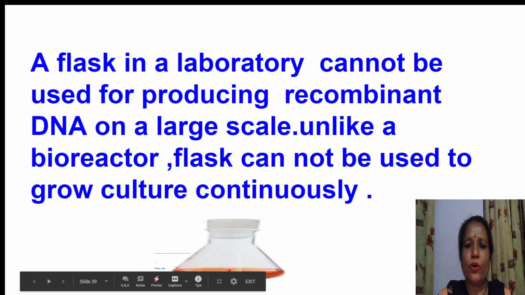So it will not give the results like a bioreactor. Flask cannot be used to grow culture continuously. If one batch of culture is used up, then again we have to add the culture again to produce our products. So this will also give less amount of our desired product.